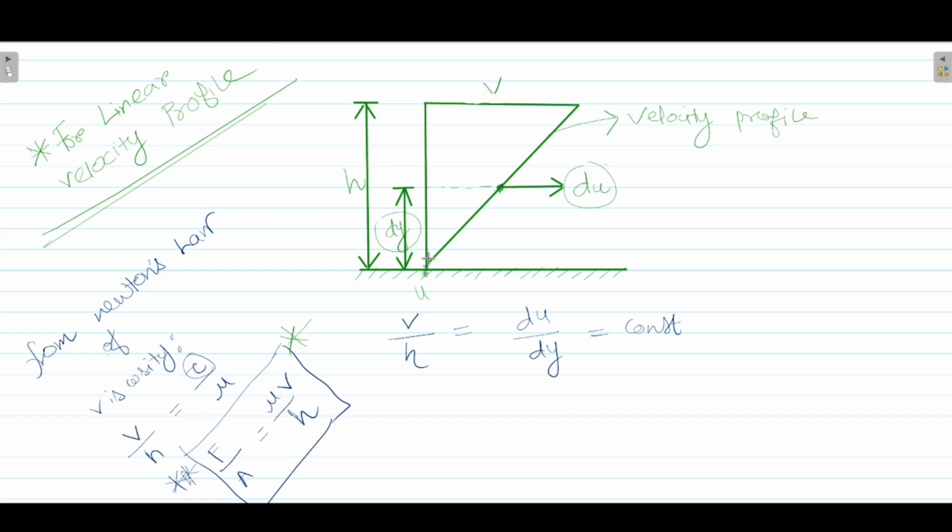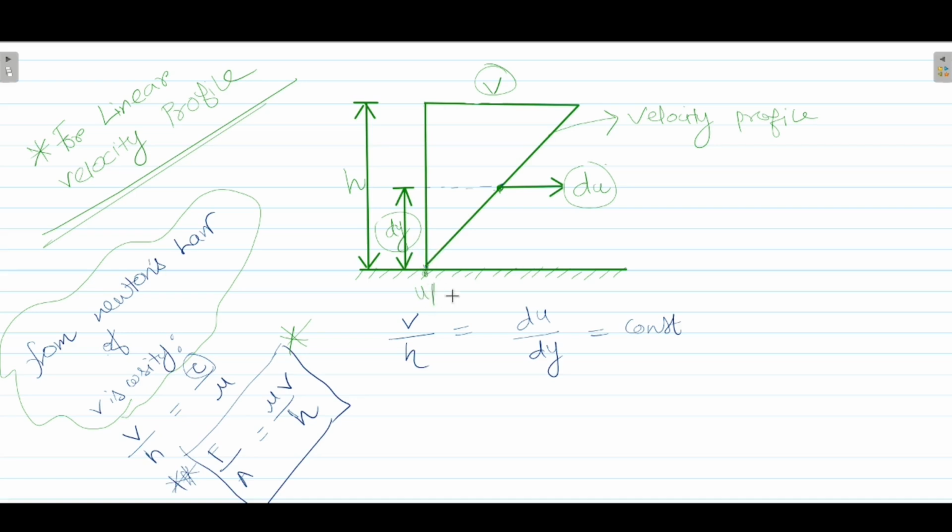From this point to this point, I'm assuming the velocity is the highest. So I can see that this is V, and it is at H distance from the fixed plate. Now if you see Newton's law of viscosity, in this case V by H is equal to du by dy. How did I get this? Take a look at this.